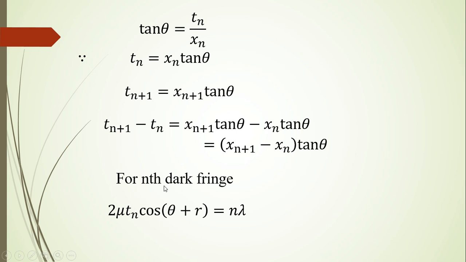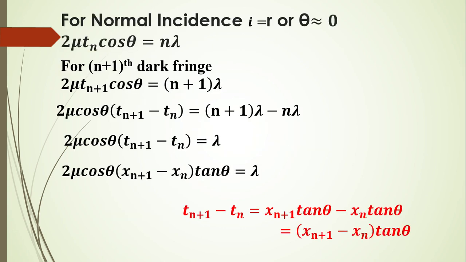The condition for the nth order dark fringe is 2 mu Tn cos(theta plus r) equal to n lambda. For normal incidence, the angle of incidence is 0, so the angle of refraction is also 0, and cos 0 is equal to 1.